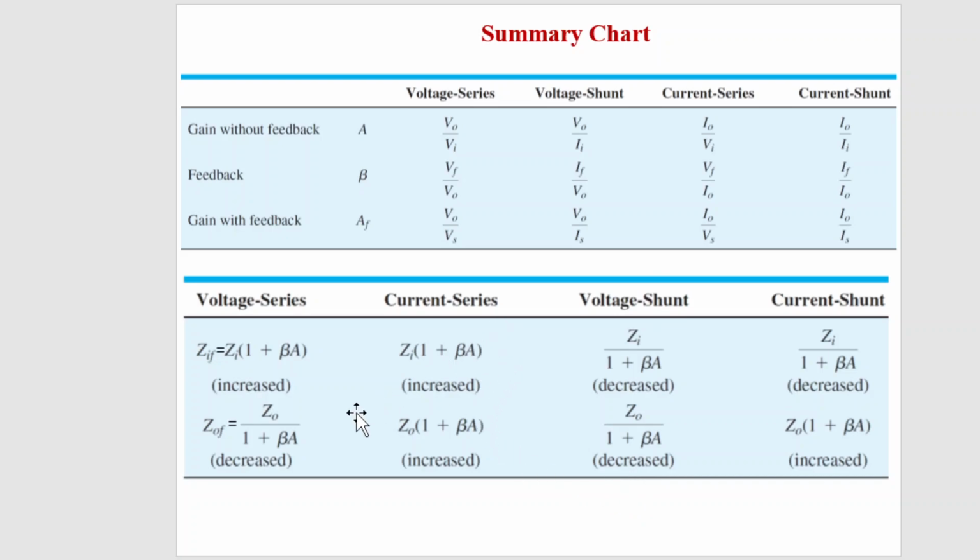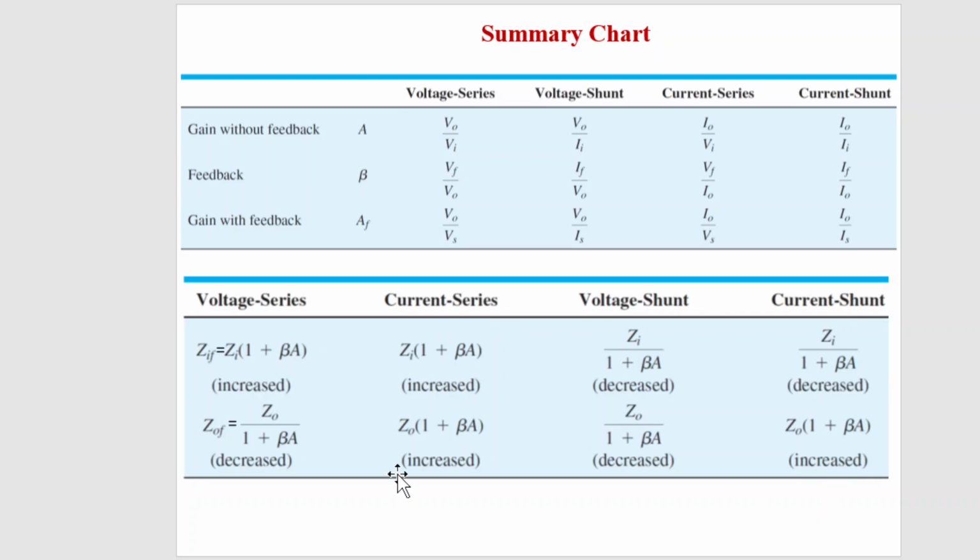But output impedance for current series and current shunt is increased in both cases. That means output impedance is decreased for both voltage series combination and voltage shunt combination, and it is increased in case of current series or current shunt combination.